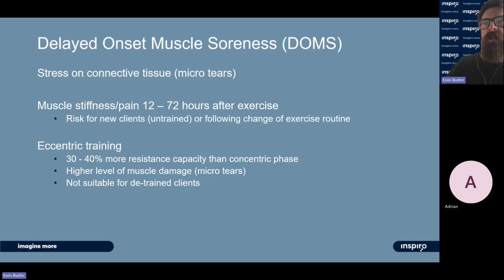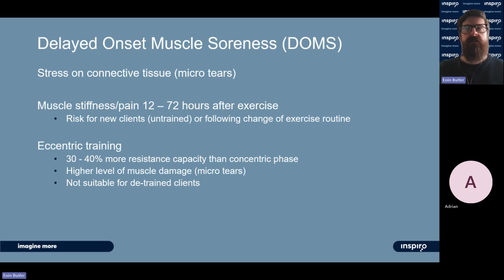Now, eccentric training has 30 to 40% more resistance capacity than the concentric phase. So if we think about a bicep curl, the concentric phase is when we curl it up and the muscle is shortening. The eccentric phase is when we lower the weight back down to its starting position. So we can potentially lower 30 to 40% more weight for our bicep curl than we can lift.